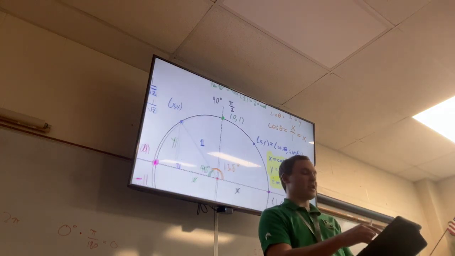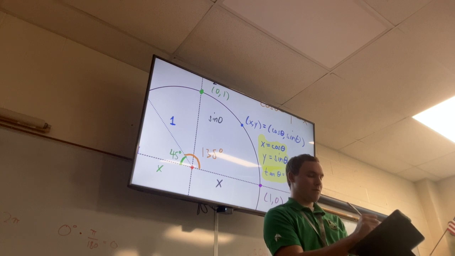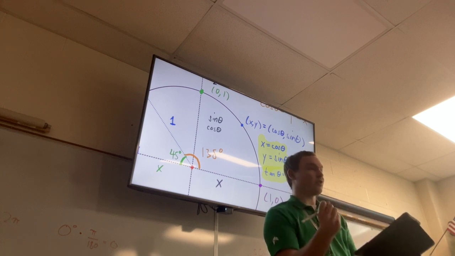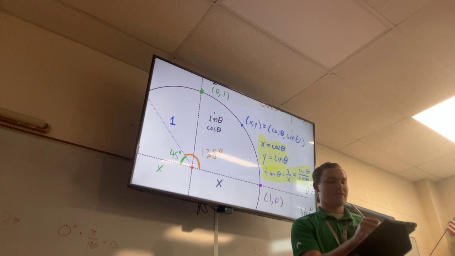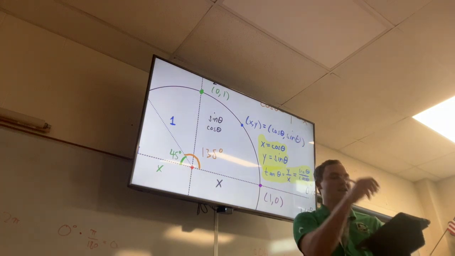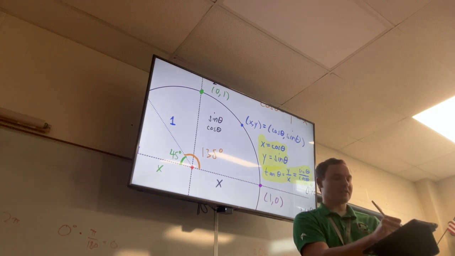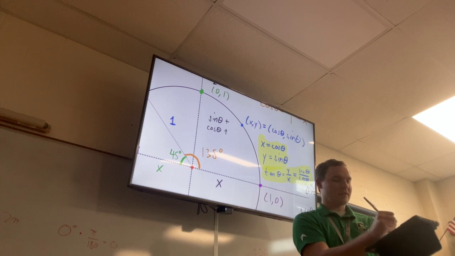So what's going on here? In the first quadrant, sine and cosine, which are equal to y and x, will be positive or negative? If x and y are positive, sine and cosine are going to be positive. So sine plus, cosine plus.